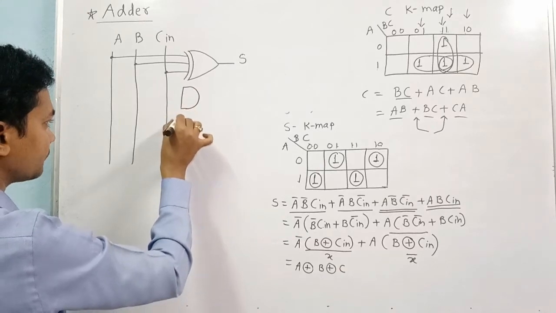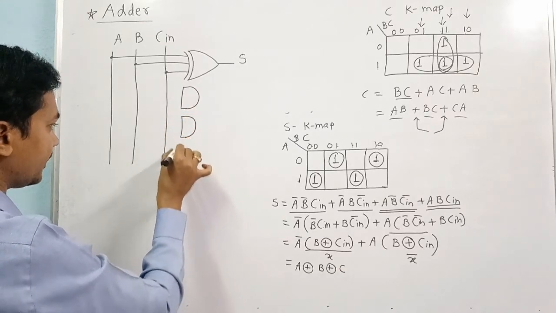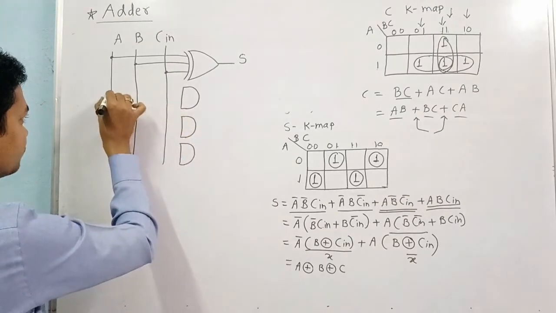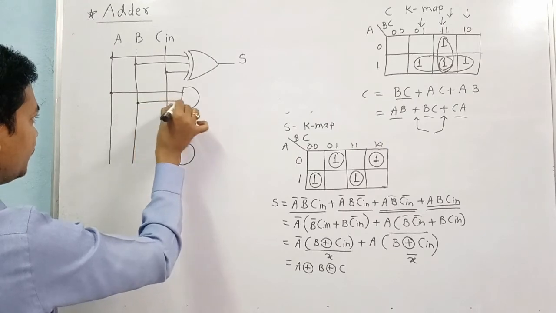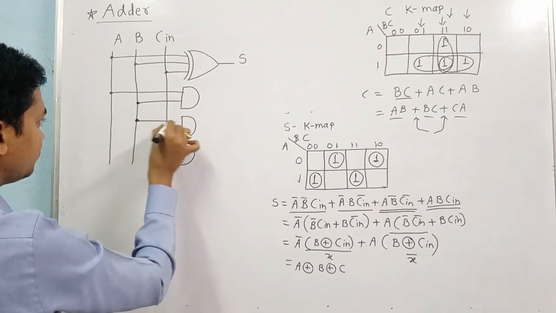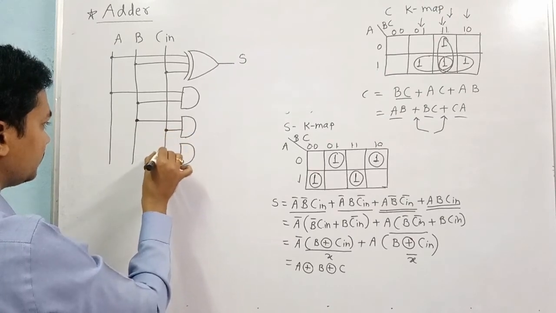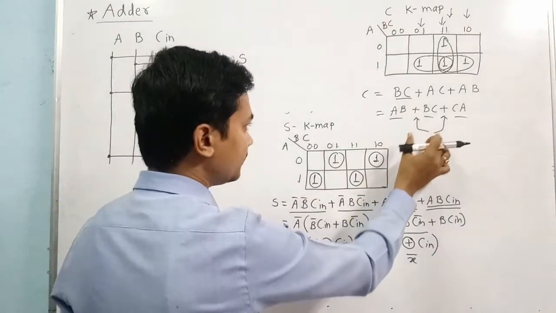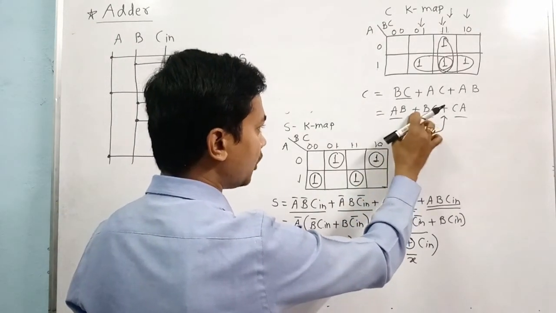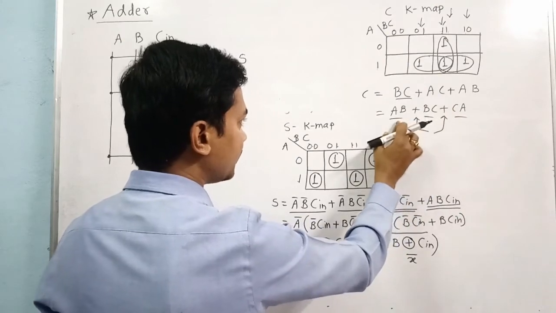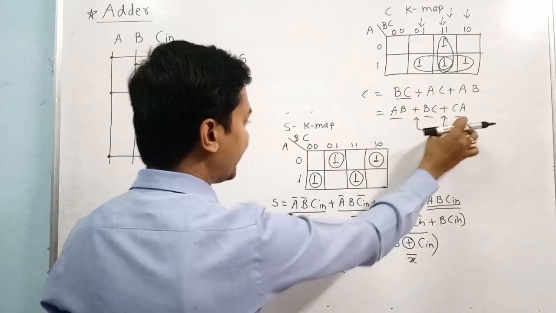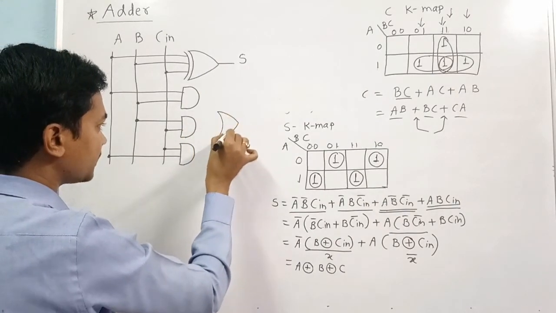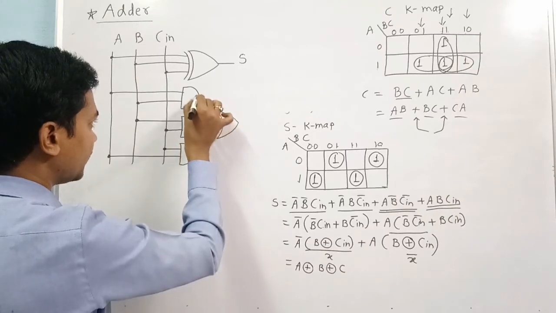ANDing of A and B, then B with C, and finally C with A. After that we have to perform the OR operation of the outputs of the AND gates.